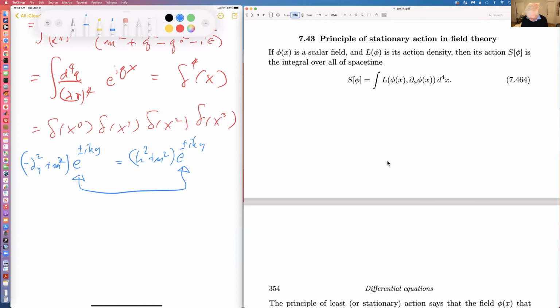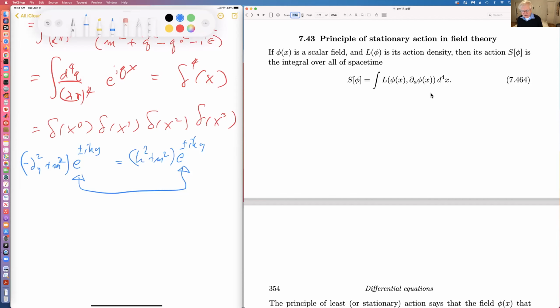Let's go to the principle of stationary action, because this is really important in electrodynamics, general relativity, quantum field theory, and so forth. The idea is we have a scalar field. L is its action density or its Lagrangian. S is the action. The action's an integral over all space and all time of this action density.